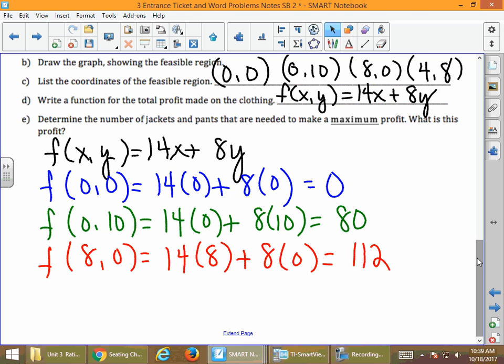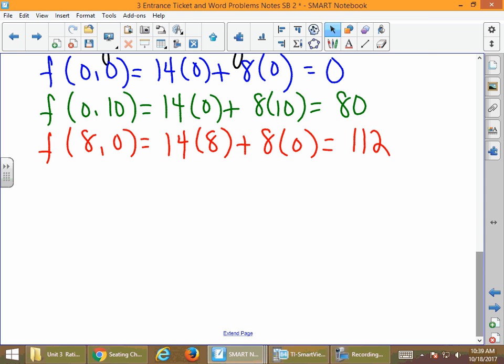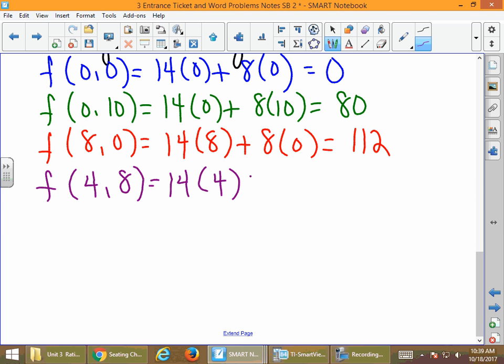And our last value is our 4, 8. So we're going to put 4 back in for x, and we're going to put 8 back in for y. And when we do the math there again, we might have to type it in. We end up with 120.